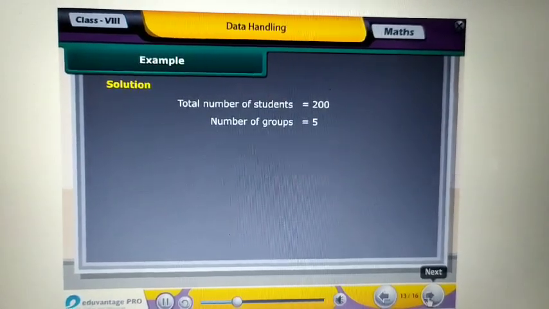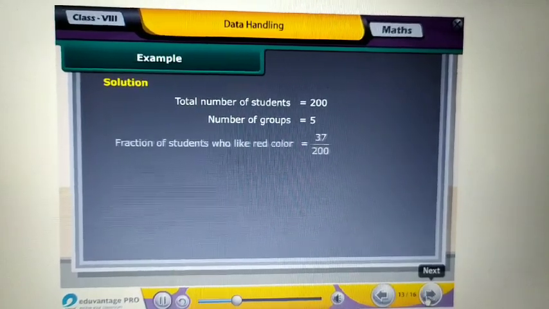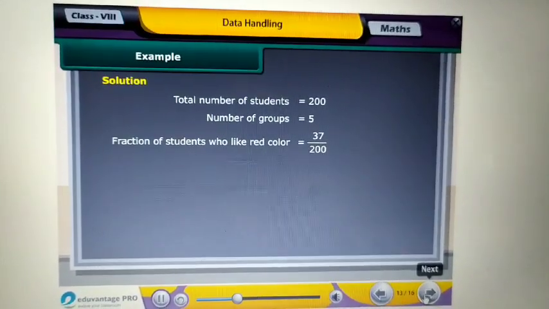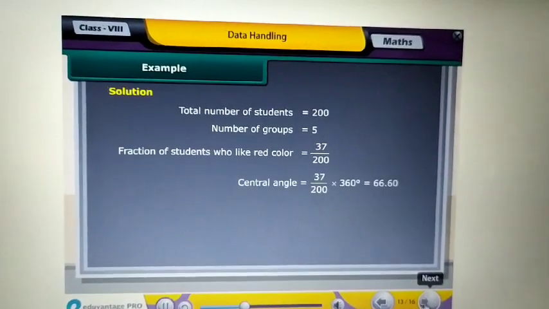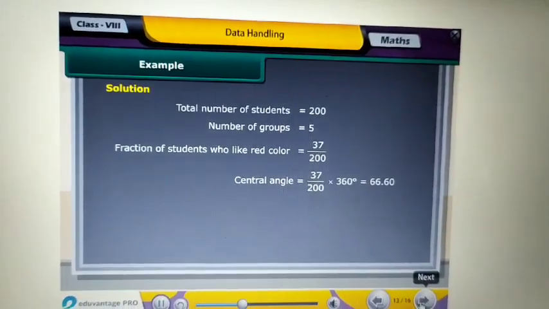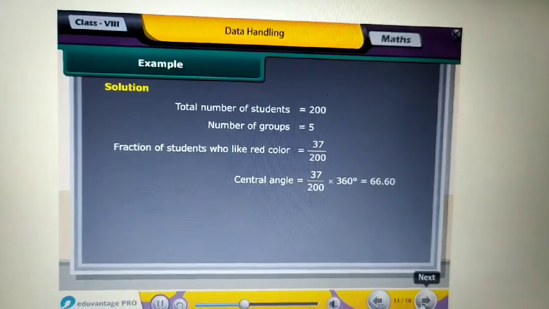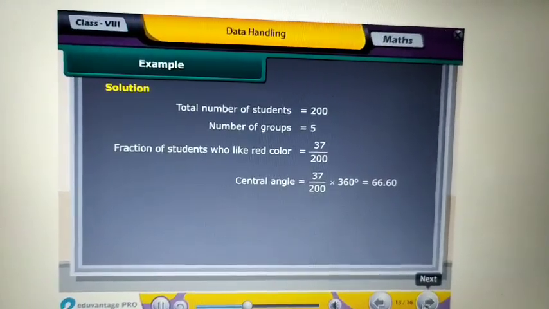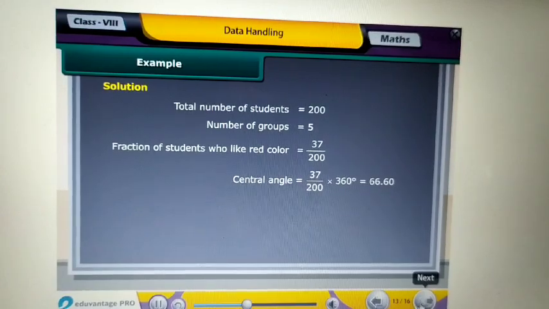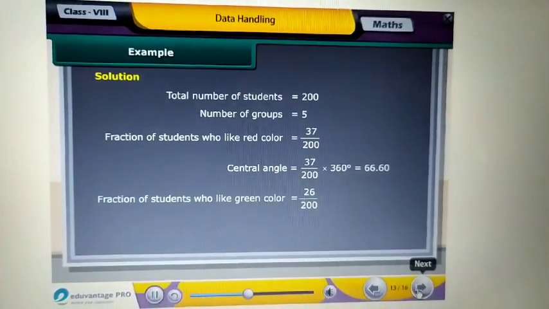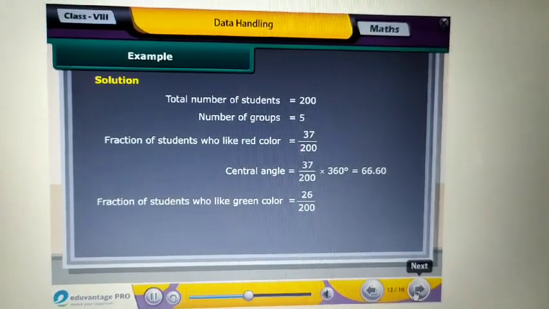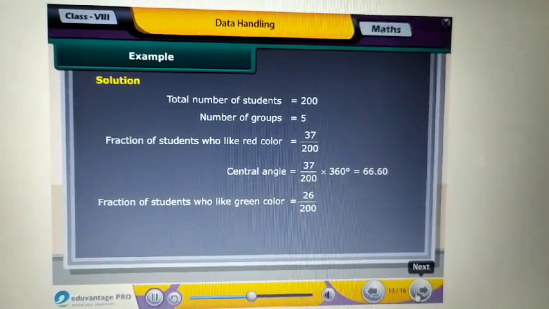Number of groups is equal to 5. Fraction of students who like red color is equal to 37 upon 200. Central angle is equal to 37 upon 200 times 360 degrees, which is equal to 66.6 degrees. Fraction of students who like green color is equal to 26 upon 200.